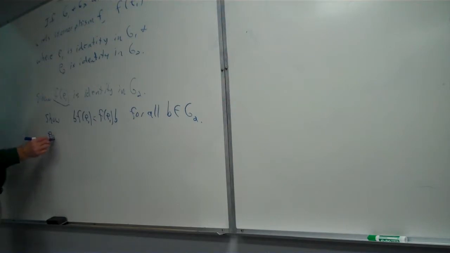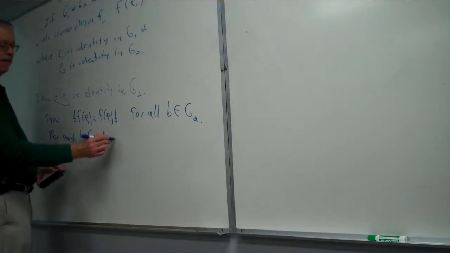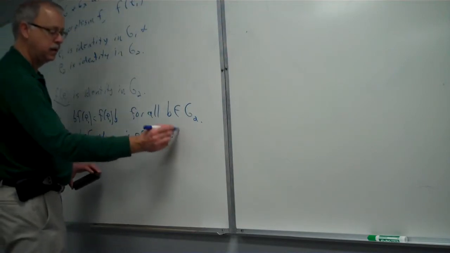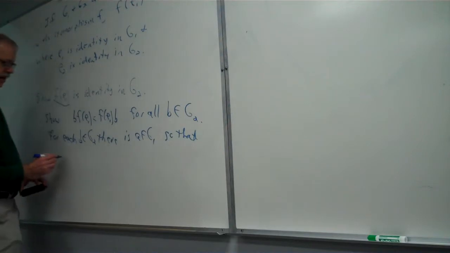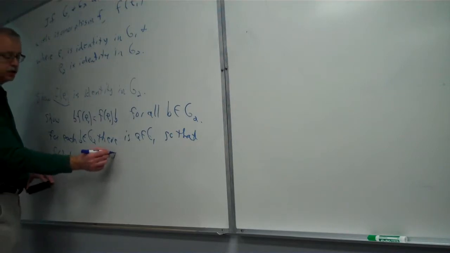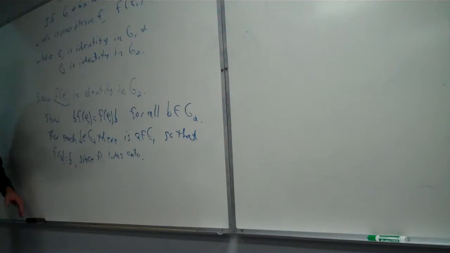So for each B in G2, there is an A in G1 so that F of A equals B, since F was onto. Every output comes from somewhere.